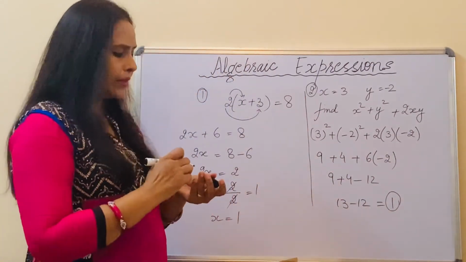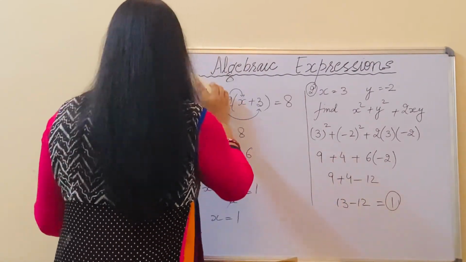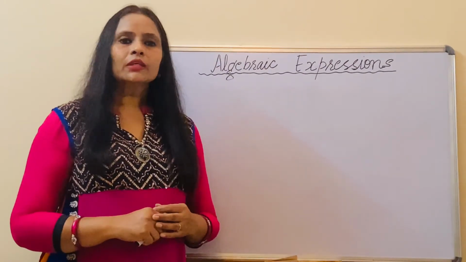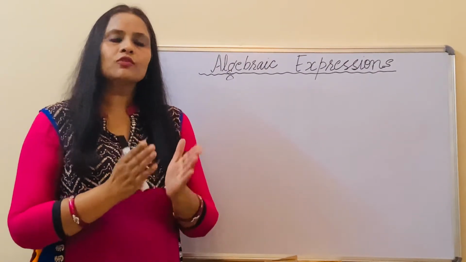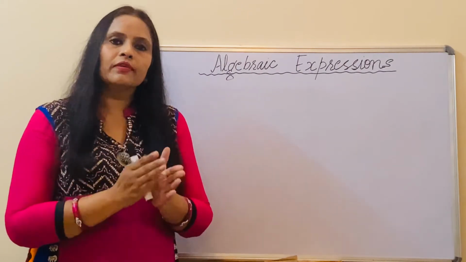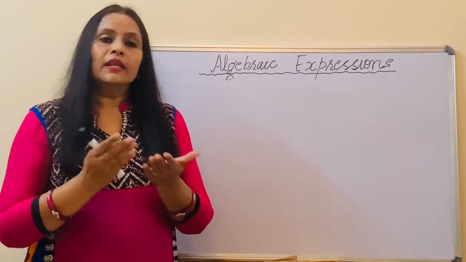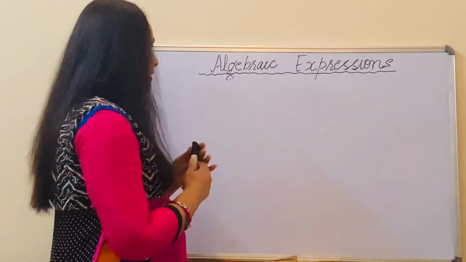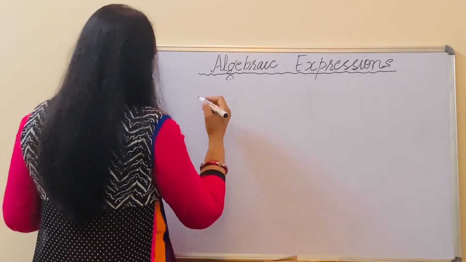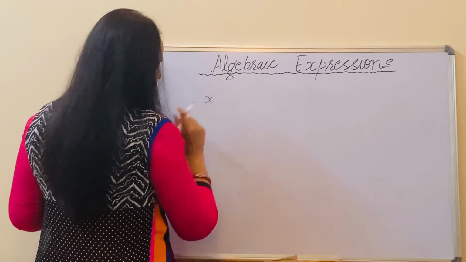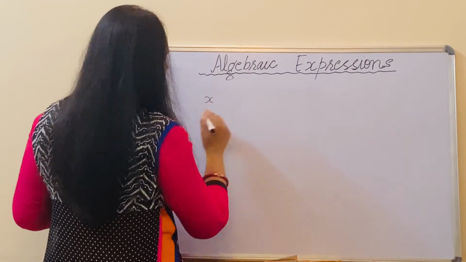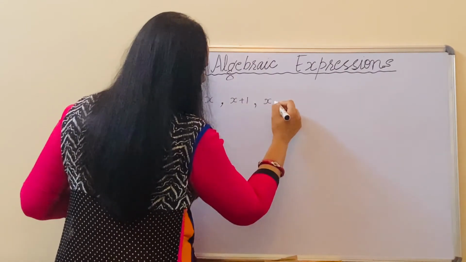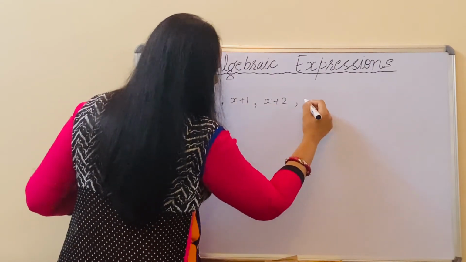These are very simple. Now the third one is, you have to find the values of 4 consecutive numbers whose sum is 38. Consecutive numbers, we are taking the first value as x. Now the next 3 consecutive numbers will be x plus 1, x plus 2 and x plus 3.